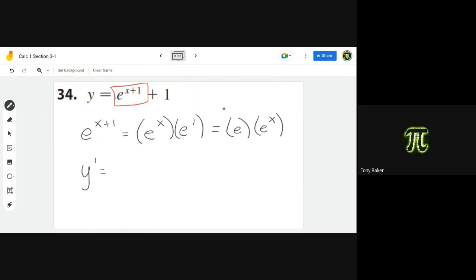E to the x is just e to the x, and e is what? E is just a constant. So this is literally just going to end up being e to the x, or going back, e to the x plus 1.